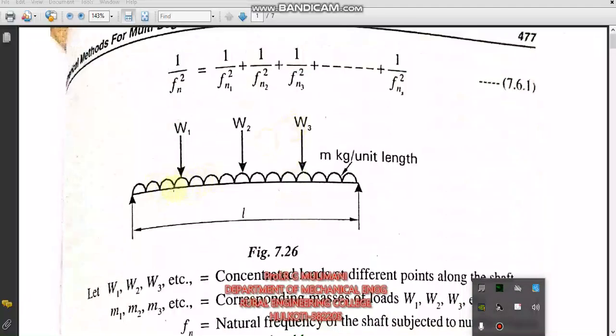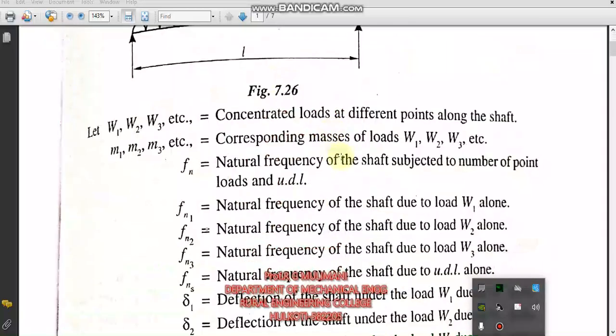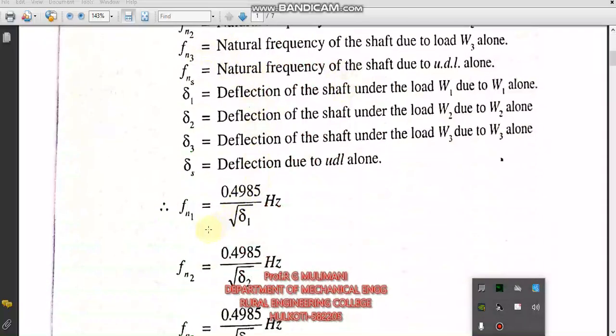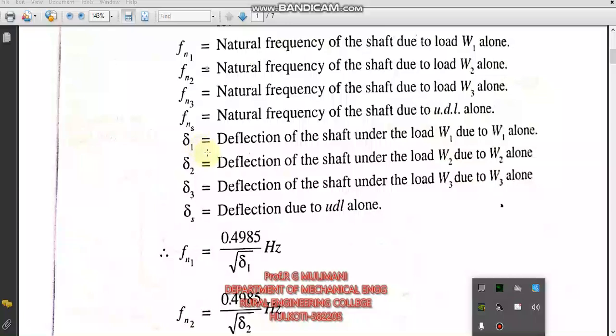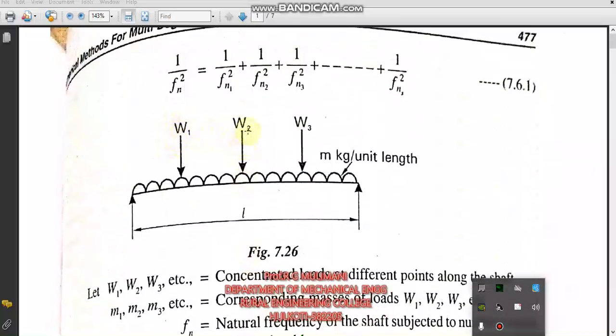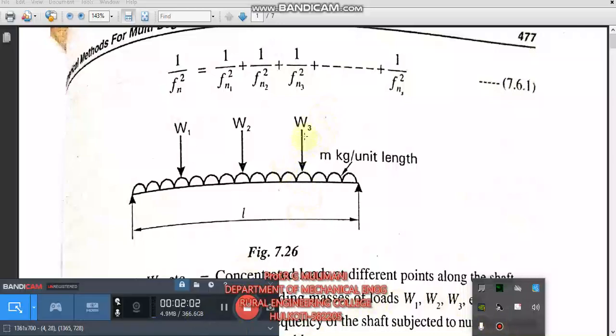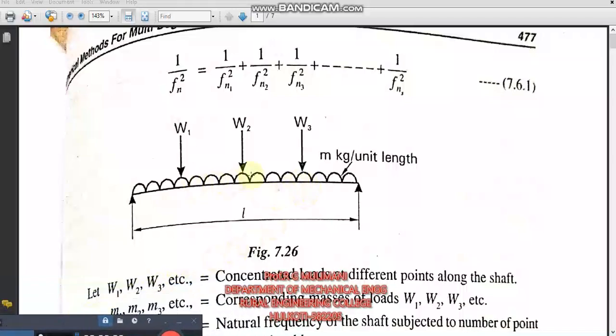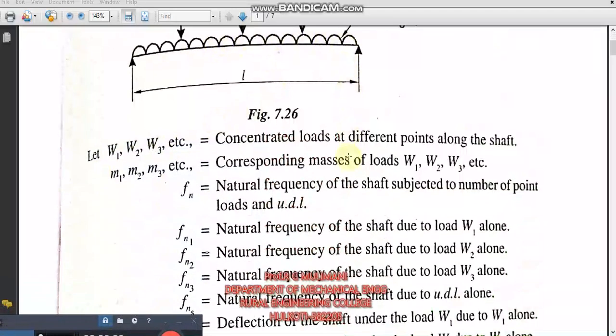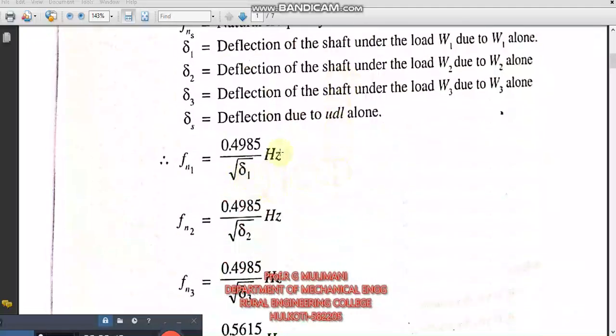Fns is the natural frequency of the system due to UDL alone. Delta 1 is the deflection due to W1, delta 2 is the deflection due to W2, delta 3 is the deflection due to W3, and delta S is the deflection due to UDL.